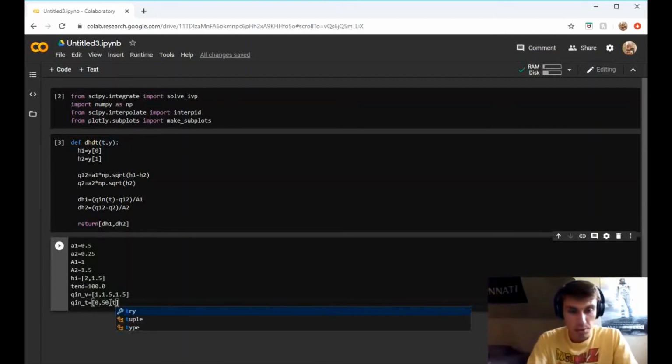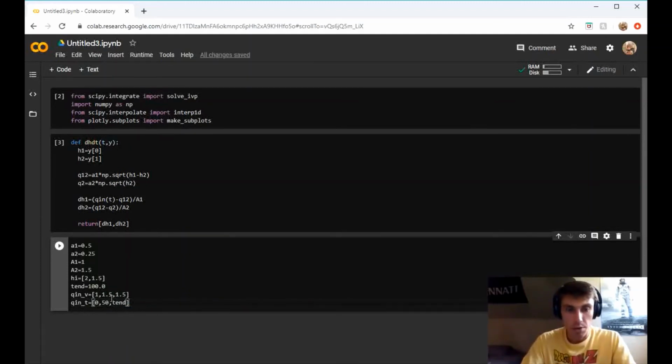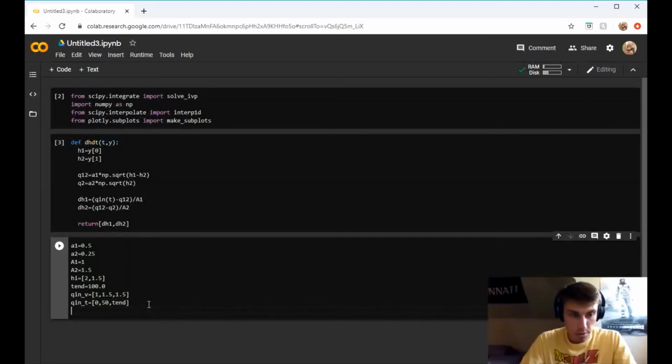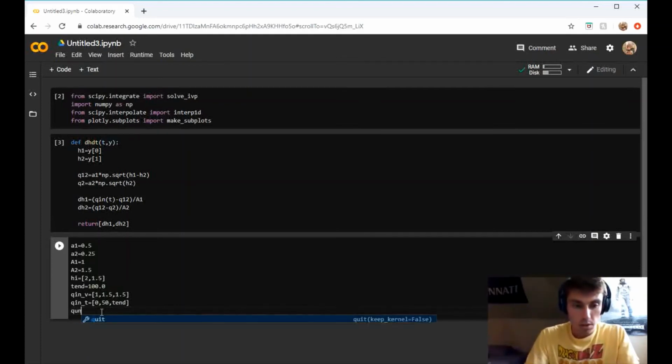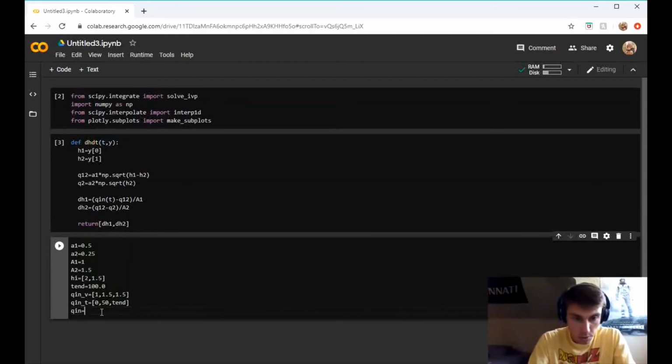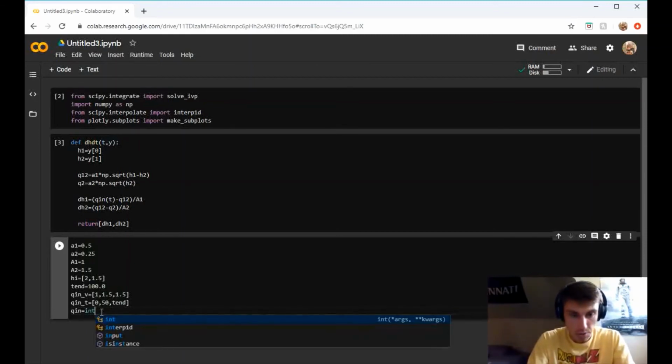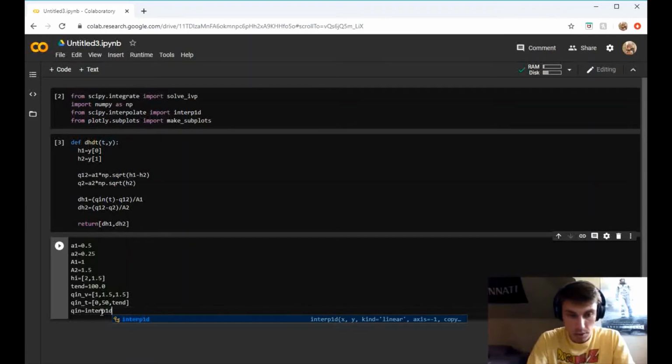And then it'll go to 100, which is T end, and it'll go up to 1.5. Now we will finish our Q in, and we'll use interp1d.